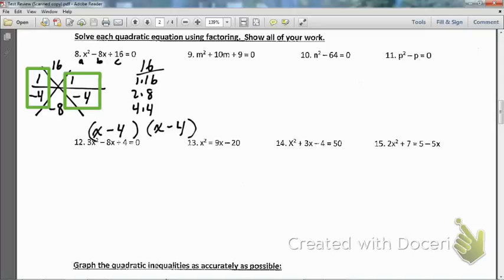Now, it is possible, if it were multiple choice, and you have the option of writing it this way yourself if you would like, that you might see x minus 4 squared. I will accept x minus 4 times x minus 4, not a problem. But you've got that option there as well. So just know that you might see it that way. If you do, great. If you don't, that's okay too.